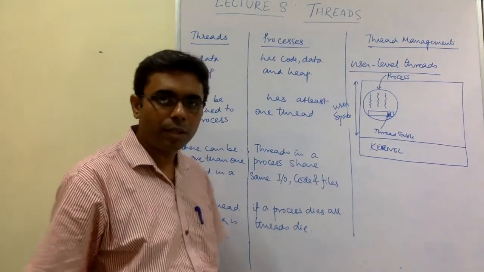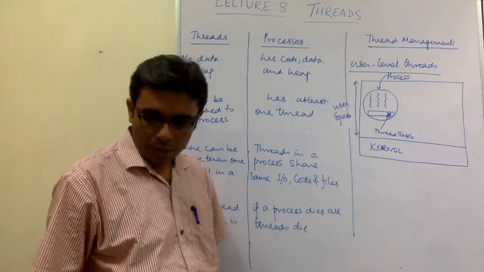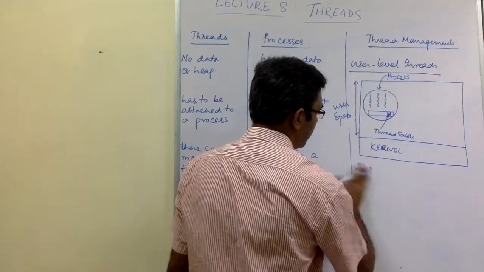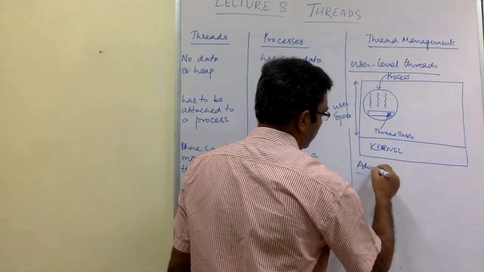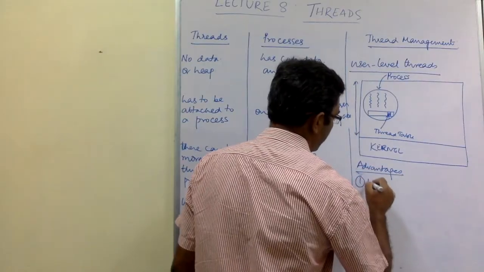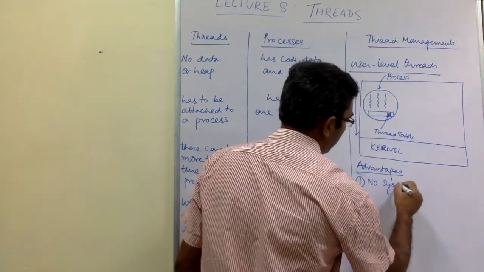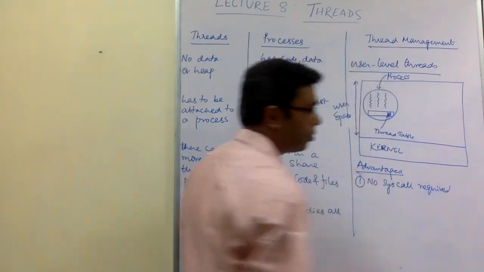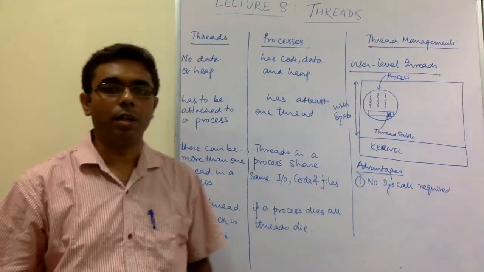So what is the advantage of this kind of user-defined threads? Let's first talk about the advantages. The first one is that no system call is required, because you're not making use of the kernel.